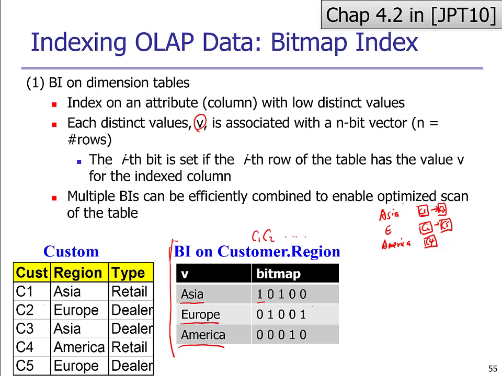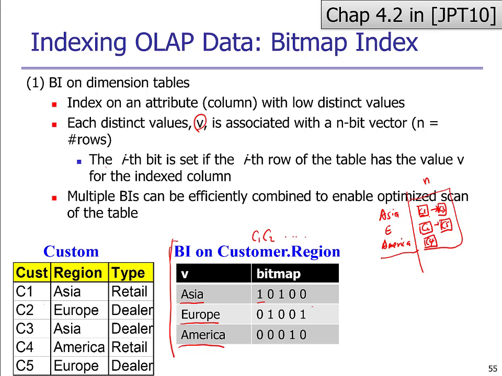See here, if we take the hash table into two parts, this part are the keys and this part are the values. So the total number of elements in the values is the total number of rows, which is n.